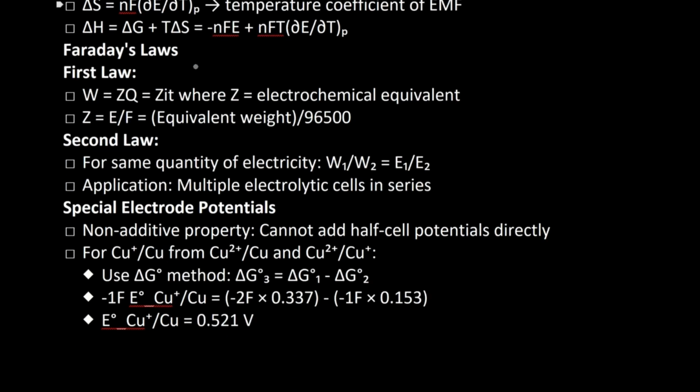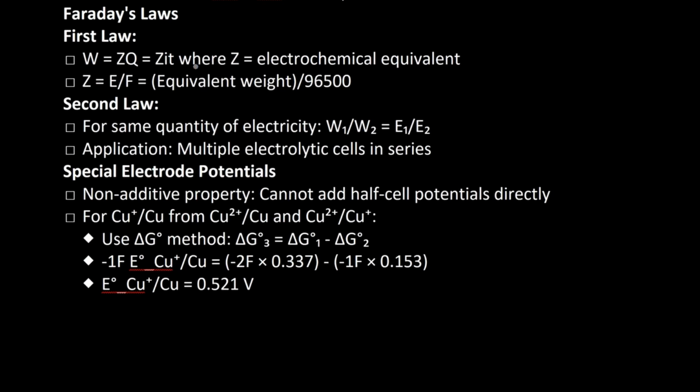And most important laws, that is Faraday's law. According to the first law, W, the weight of the deposited amount, is equal to ZQ. Q can be written as IT, I for current, T for time, and Z is equivalent weight by F. F is 96,500.